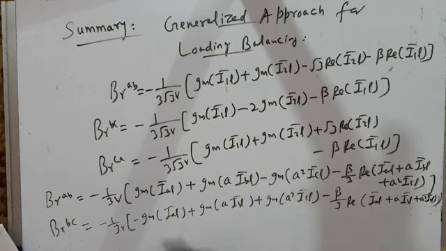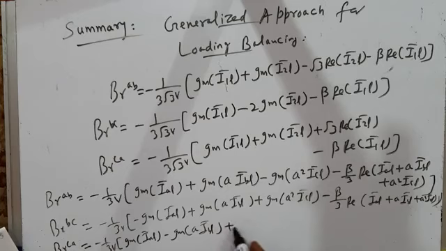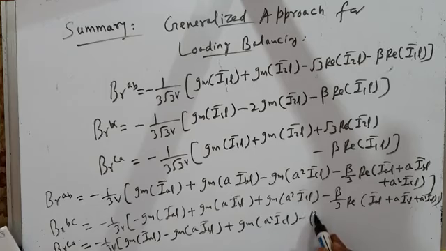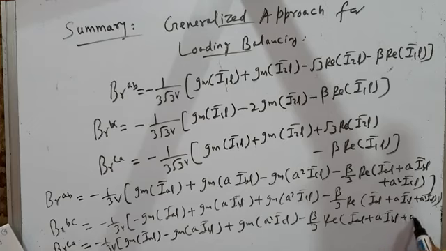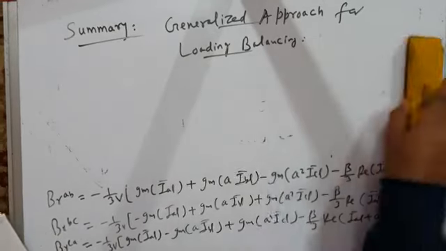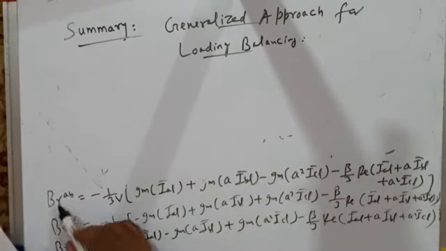And finally, our B gamma CA susceptance was minus 1 by 3V times the imaginary part of load current or phase current IAL minus the imaginary part of AIBL plus the imaginary part of a square ICL minus beta by 3 real part of IAL plus AIBL plus a square ICL.